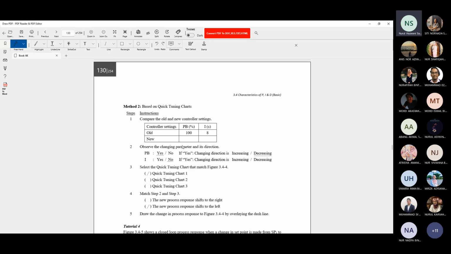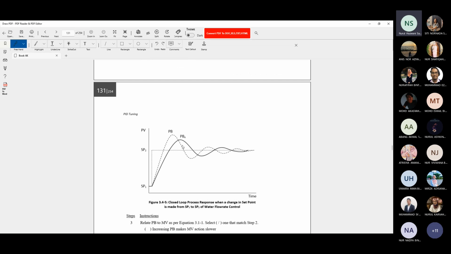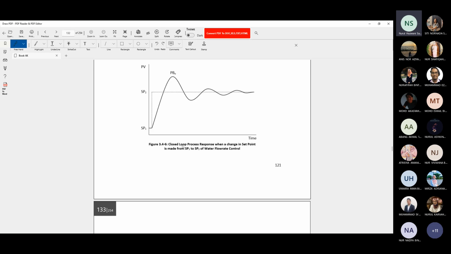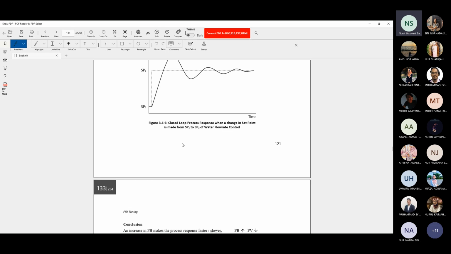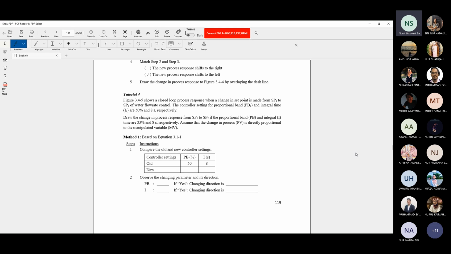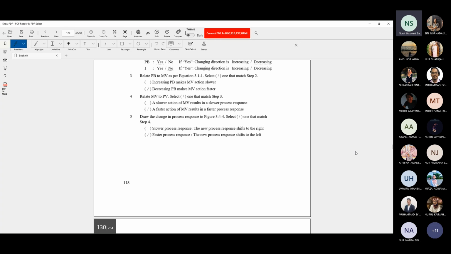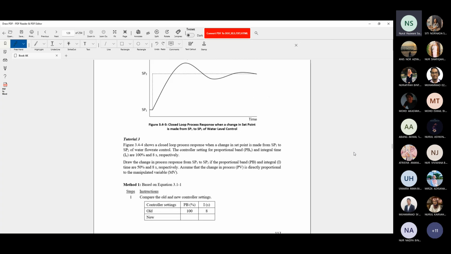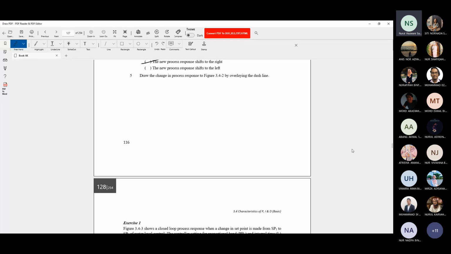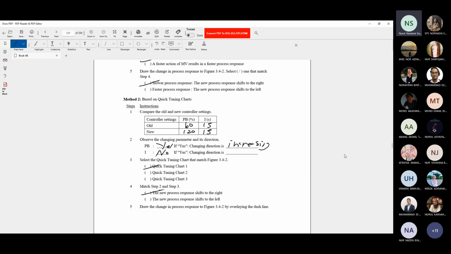Sebab tak sempat dah juga kita nak buat hari ini, sebab ada banyak lagi example that we need to try. So basically, end of each of the controller, I will show you the summarize, the concept behind each of the controller. Faham? Faham, madam. Okay, so I think we can stop until here.